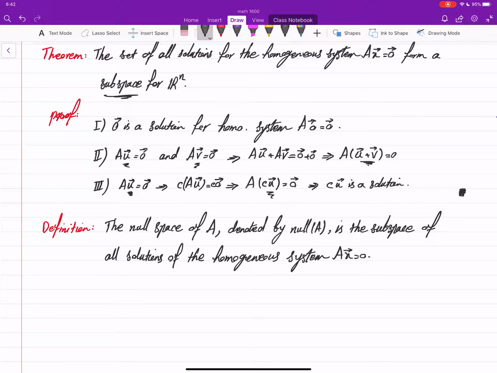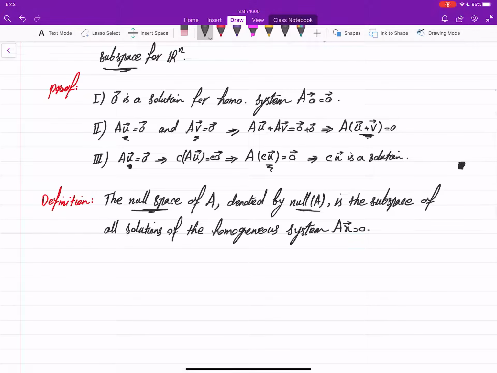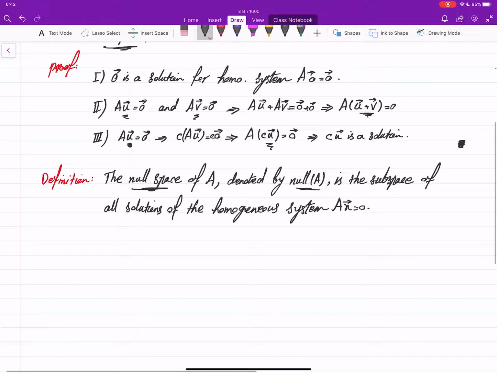So if you put all these solutions together, that's a subspace. We call it the null space of the matrix, and we denote it by null(A). That's the third subspace. We will see more relations between these three subspaces, but here I'd like to finish the video with some examples.